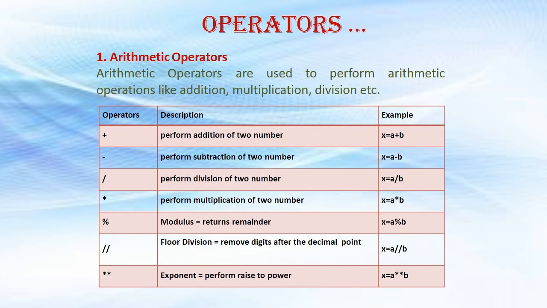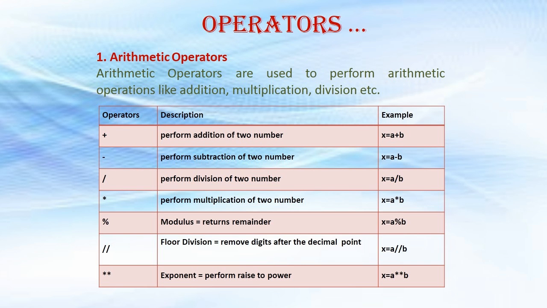Number one, arithmetic operators. Arithmetic operators are used to perform arithmetic operations like addition, multiplication, division, etc. You can see in the table the plus operator is used to get the sum of two numbers. Here it is written x equals a plus b. In simple maths we write a plus b equals x.